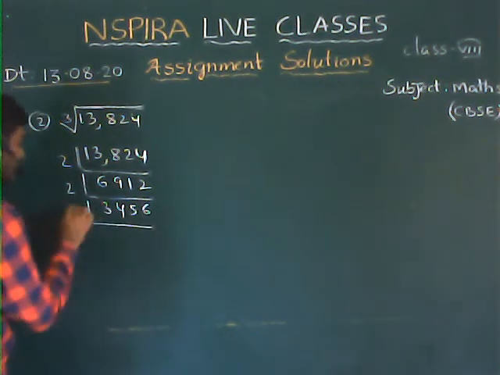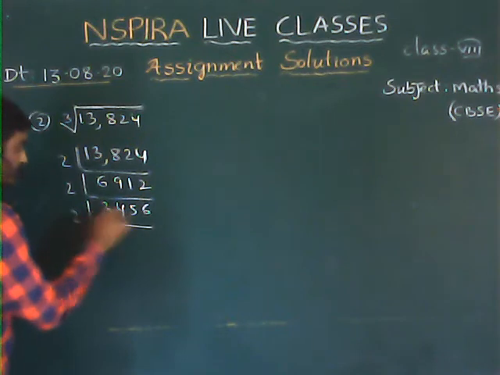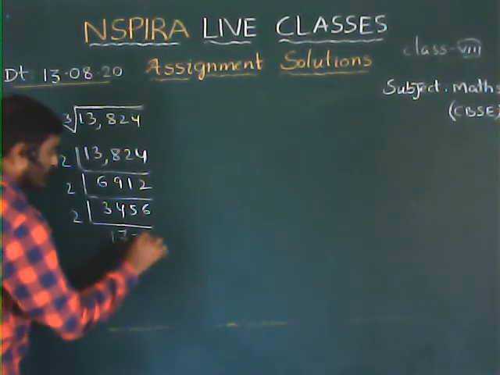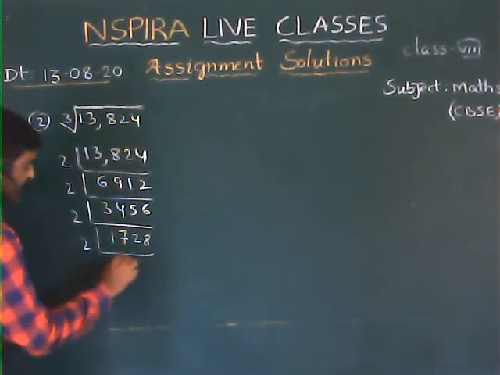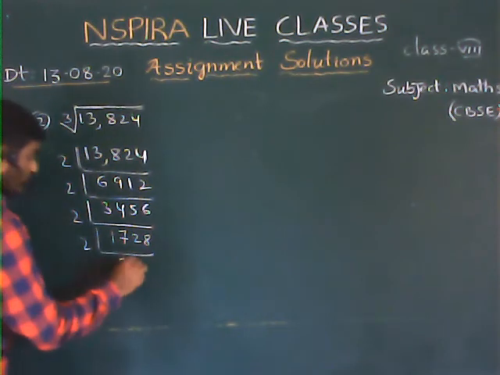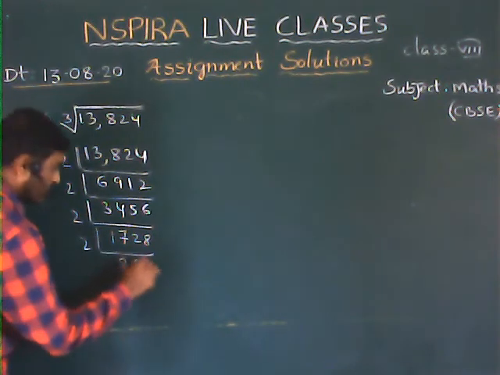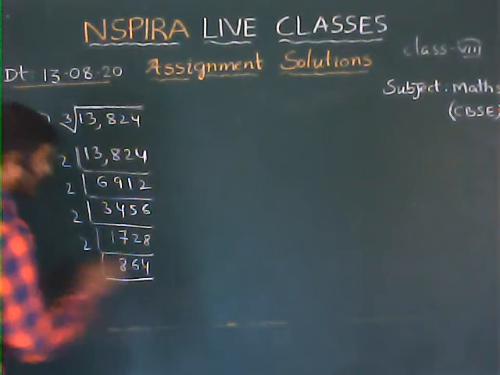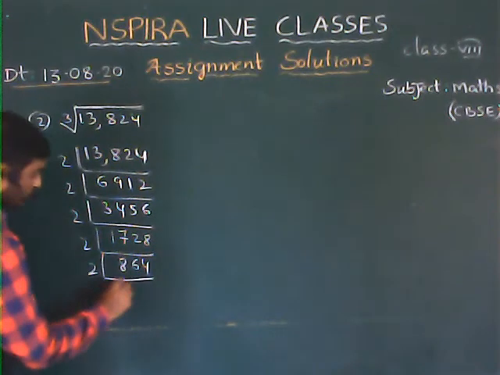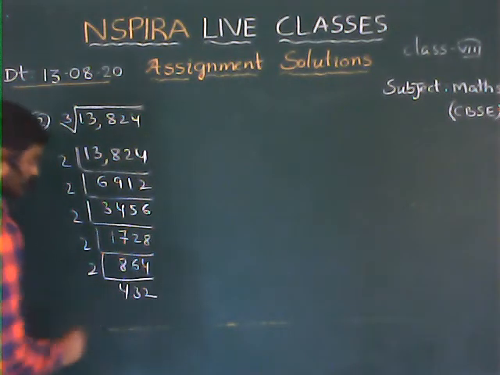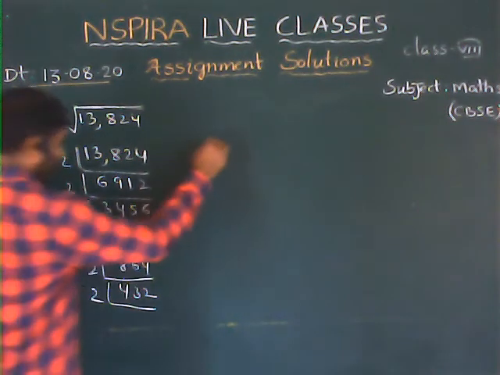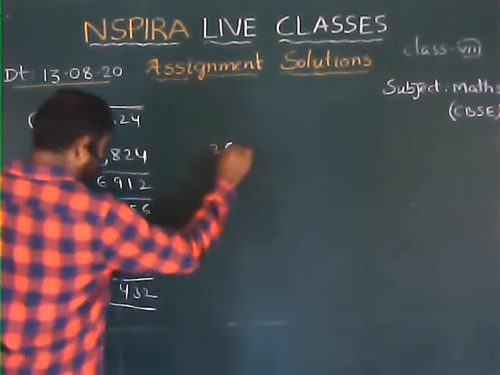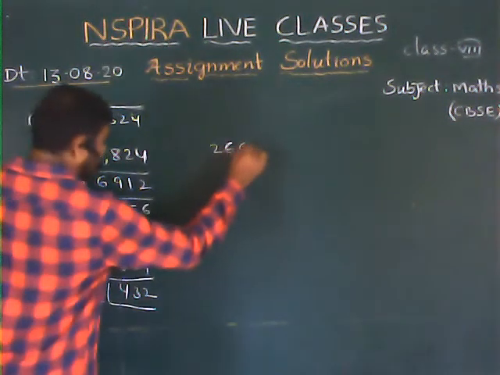Again we can divide with 2. 2 1s are 2, 2 7s are 14, 2 2s are 4, 2 8s. Again we can divide with 2. 2 8s are 16, 2 4s, 2 6s are 12, 2 4s. Again divide with 2. 2 2s, 2 6s are 12.